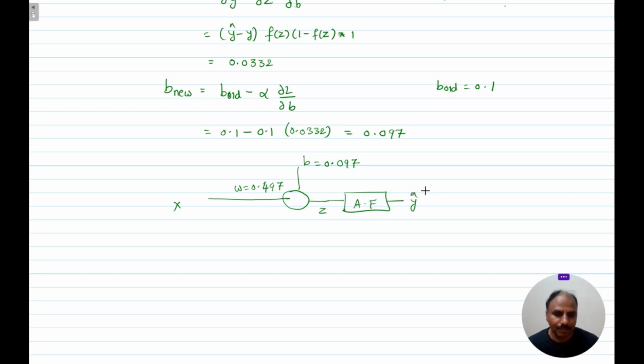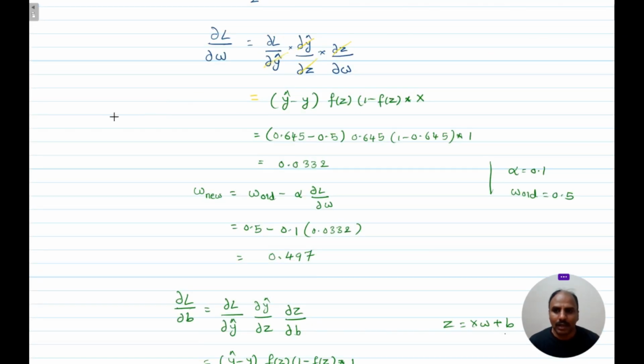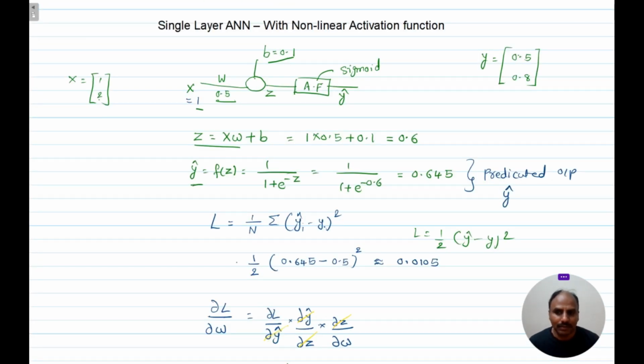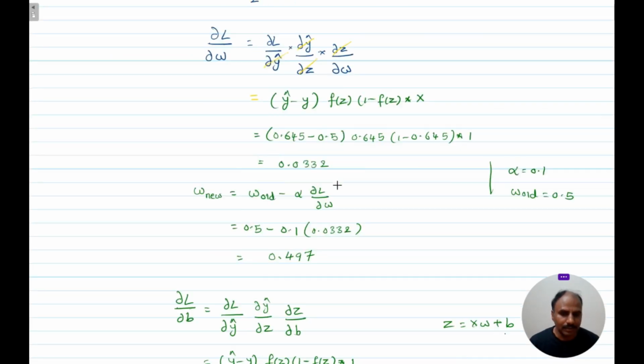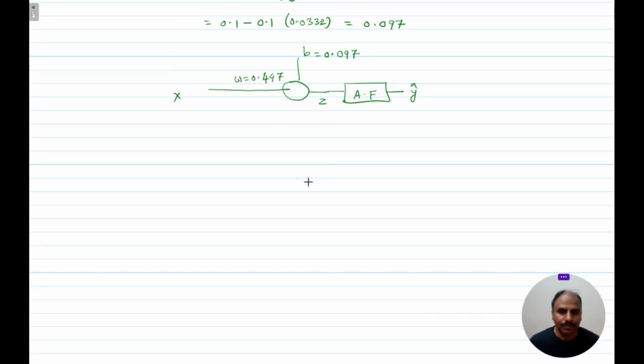Now the first sample has been completed and another input is there for x equal to 2 and expected output is 0.8. So change it to x equal to 2 and your expected output is 0.8. Now the same we have to execute. After optimization, let us check whether we are getting the perfect output or not.